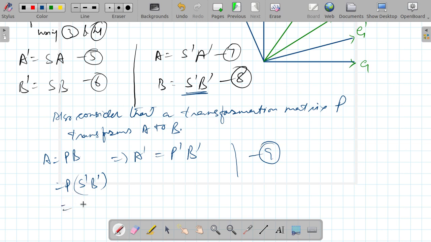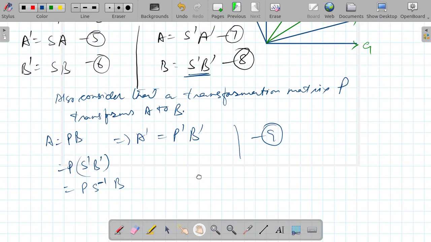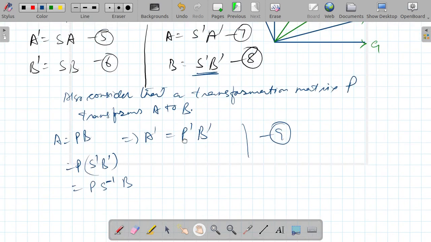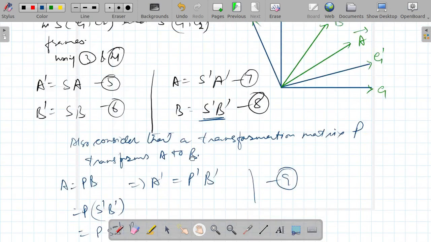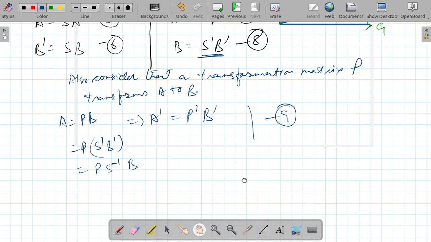And this S prime is equal to S inverse, because S prime I have seen earlier that it is S inverse.